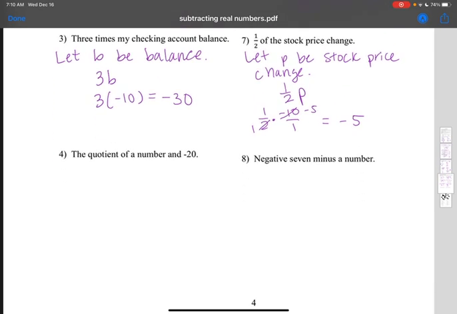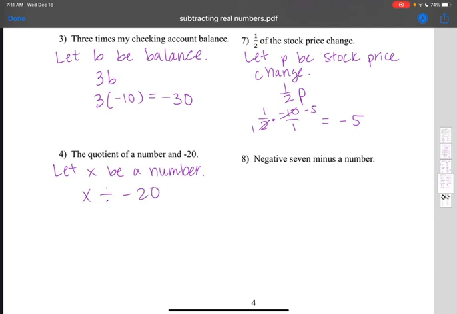And at the bottom, quotient of a number and negative 20. So my let statement, I'm just going to write let x be a number. And quotient means divide, and then you just put it in the order that they give it to you. So number and negative 20 is number, quotient, divide, negative 20.